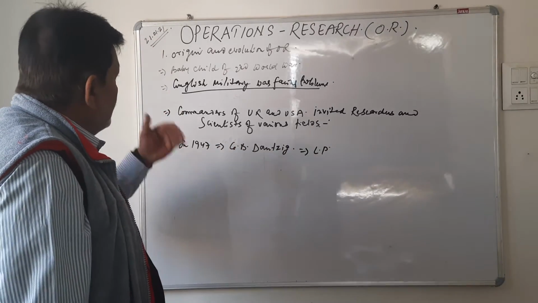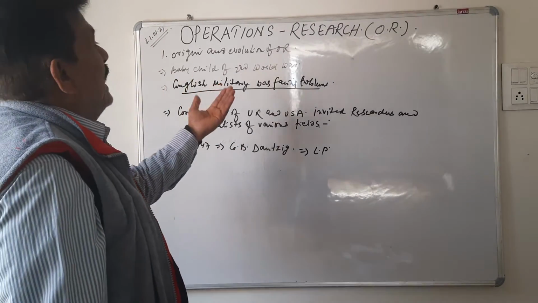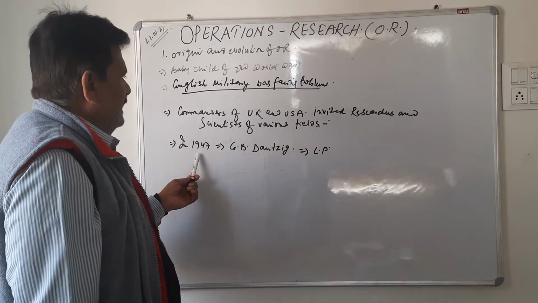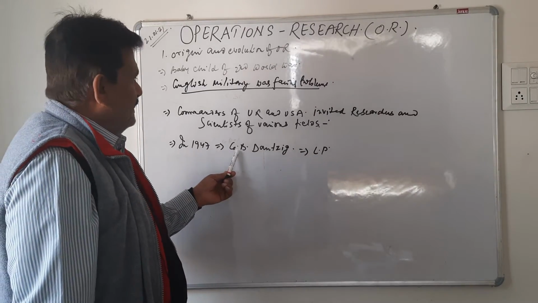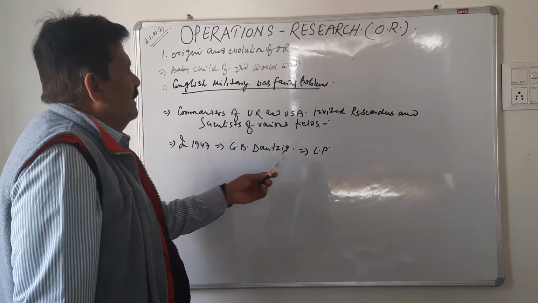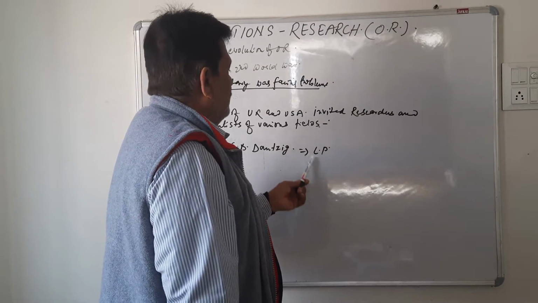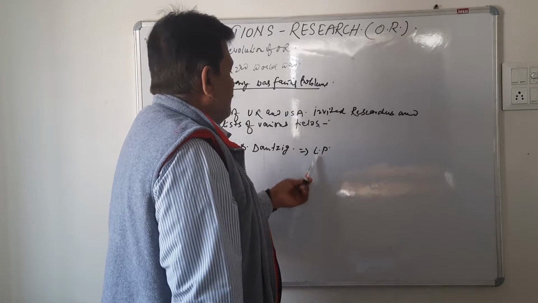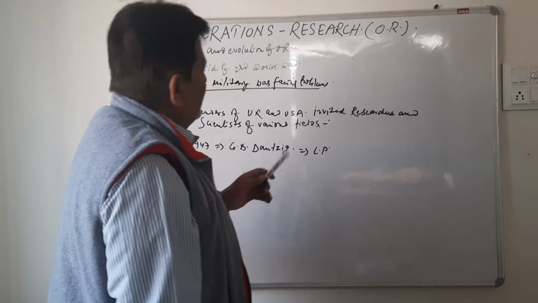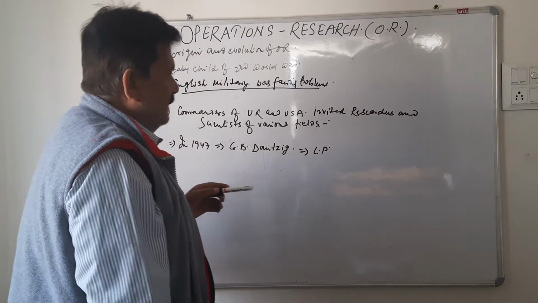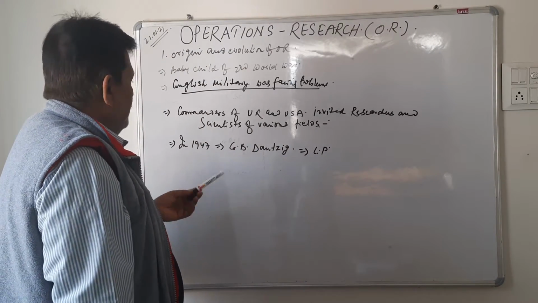So this way OR came into existence, and in 1947, an American Air Force staff member, G.B. Dantzig, came out with a novel technique for solving OR models known by the name linear programming. Since 1947, it has developed in various fields, and I'll let you know the names of various forms of linear programming.